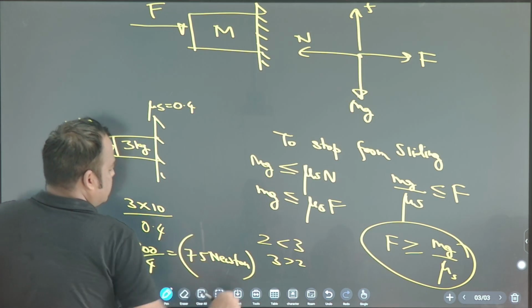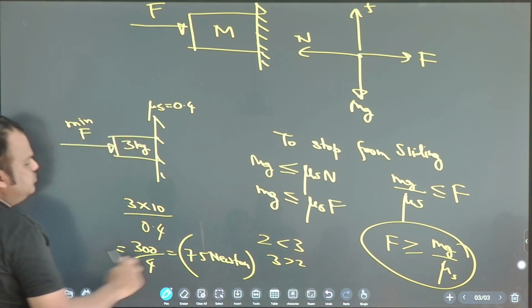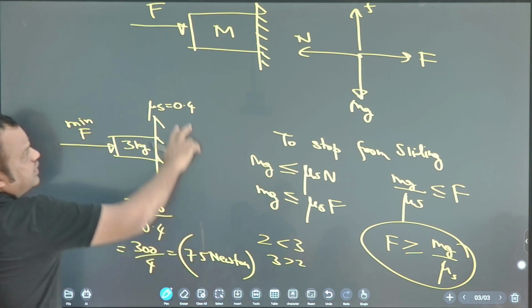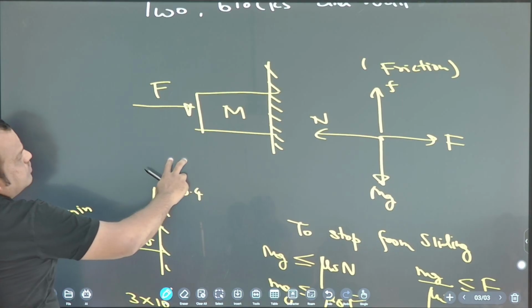So 75 Newton is needed. Suppose the mass of this object is 3 kg, the surface is rough, and the coefficient of static friction is 0.4. Now I just want to stop it from sliding. So what force am I exerting? 75 Newton. Okay, done. So this is a single block. One block is there.